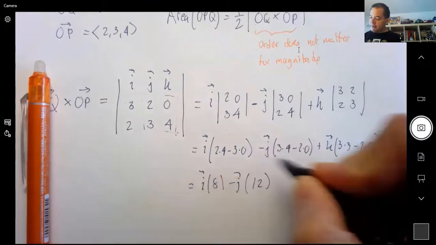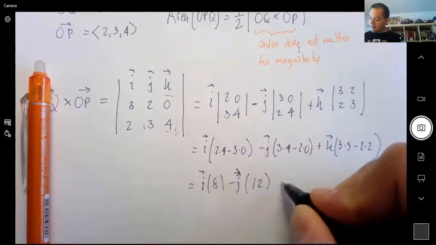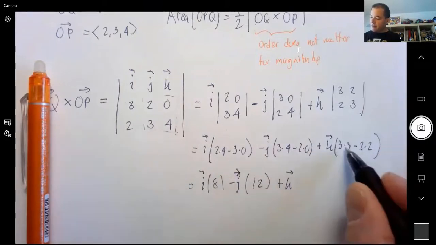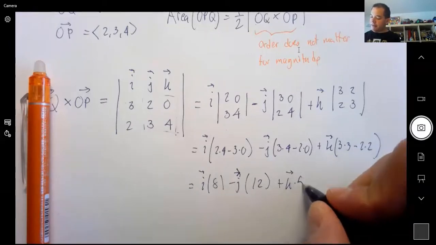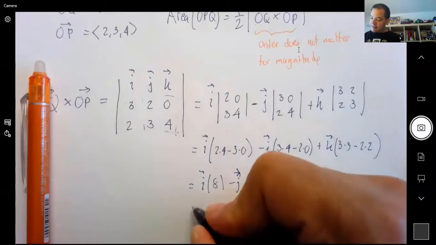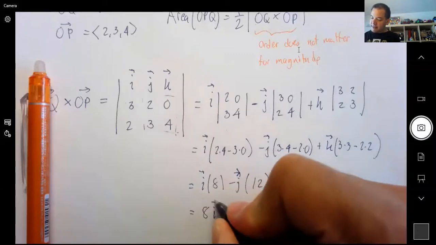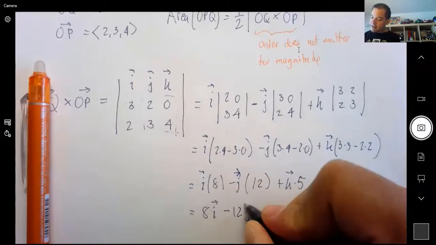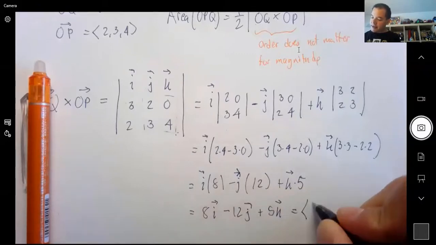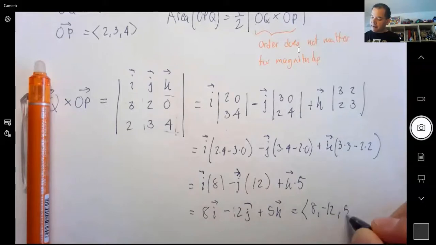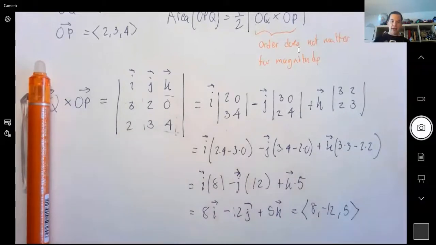And 3 times 3, 9, minus 2 times 2, 4. 9 minus 4 is 5. So the answer is 8i minus 12j plus 5k. Or you can write it like this, 8, negative 12, 5. Either way. So that's the cross product of those two vectors.